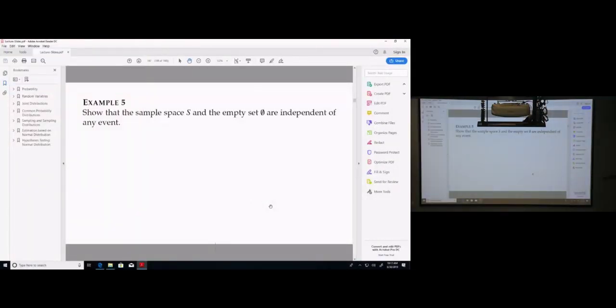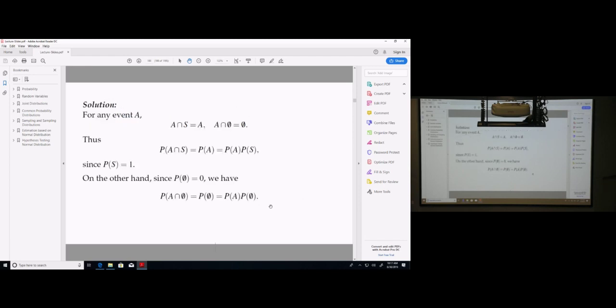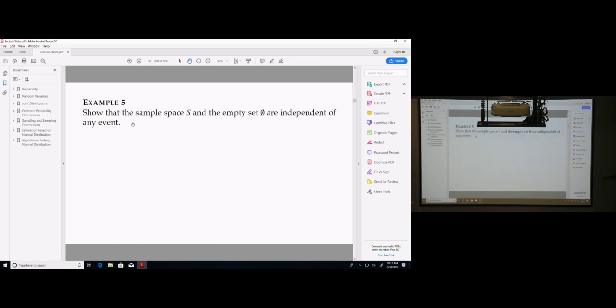Okay, so the sample space S and the empty set are independent of any event. There is a proof here. I pick any event A. The sample space, we handle one at a time.